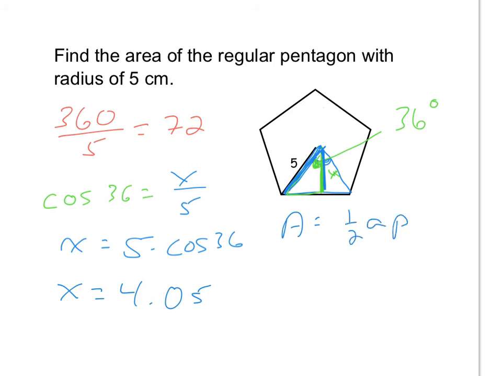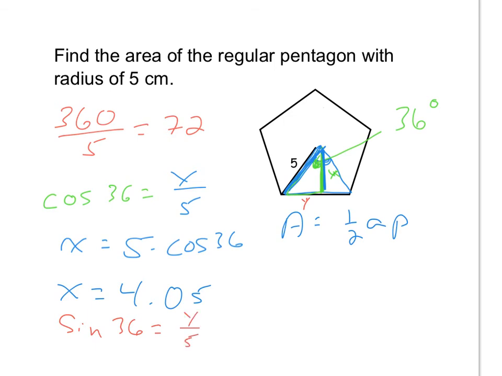Well, you can see now still that we're missing our perimeter, so we need to use trig again. So I'm going to set this up now. I'm looking for, let's call it in red, we'll call this y. I do know that the sine of 36 is equal to y over 5.